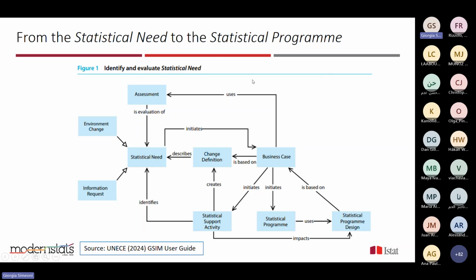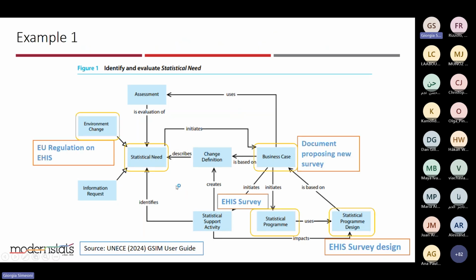Now let's try to understand how all this very theoretical notion can be applied in different ways. The first one is very simple. Let's suppose we are in the European statistical system. We have very often European regulation that ask us to provide new information.